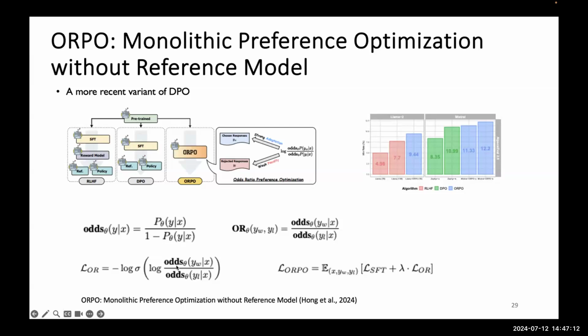Otherwise, the rest of the formulation is very similar. And the way they get rid of the SFT step is they simply combine it into one protocol. So they have the SFT negative log likelihood component combined with the weighted odds ratio component, and that's their ORPO formulation. I have some initial results that are promising.